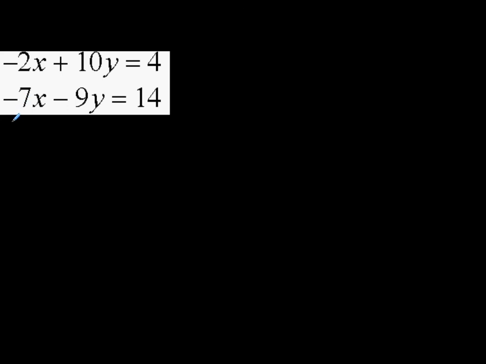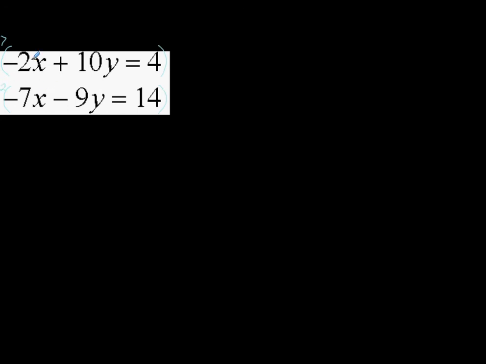So now I need to think of a number that I can multiply the top equation and the bottom equation by so that the coefficients will match. I don't know if that makes any sense the way I said it. But here's what we need to do. If we think about it, 2 and 7 both will multiply to make 14. So let us multiply the top equation by 7 and the bottom equation by 2.